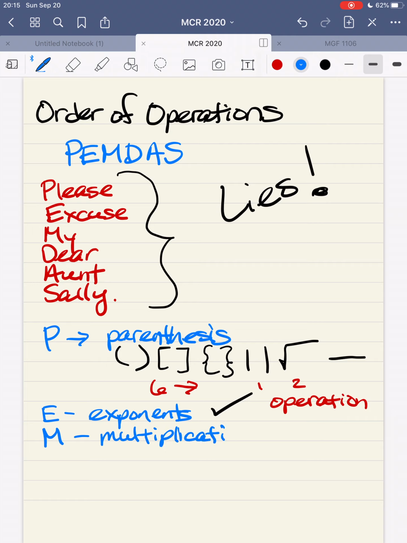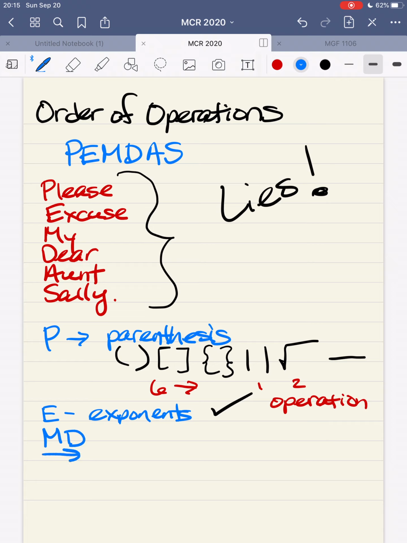Again, we have a bit of a lie. And this is a problem, because multiplication is not always the next step in here. What we want to do instead of thinking M is for multiplication is to put our multiplication and division together.